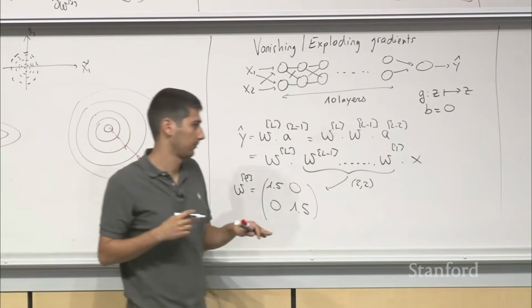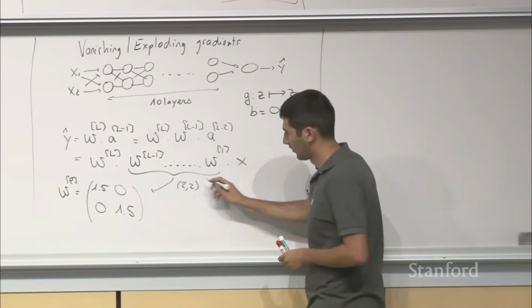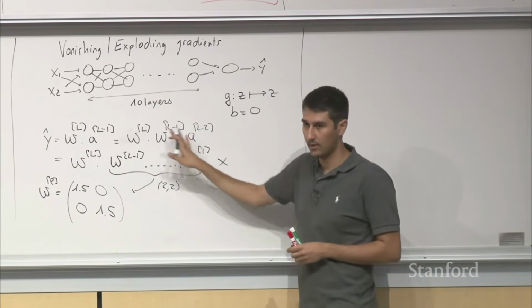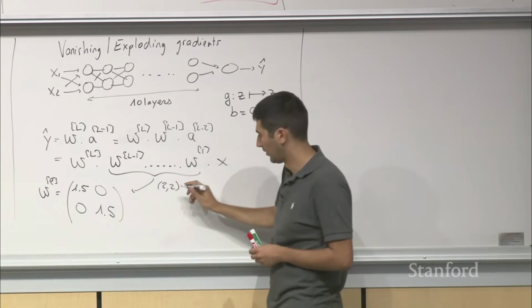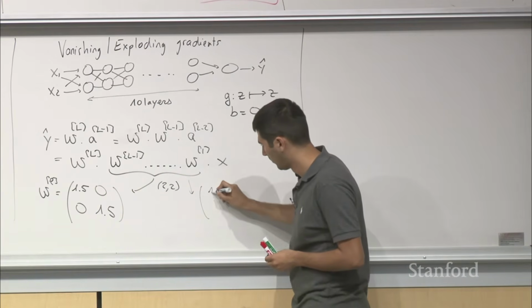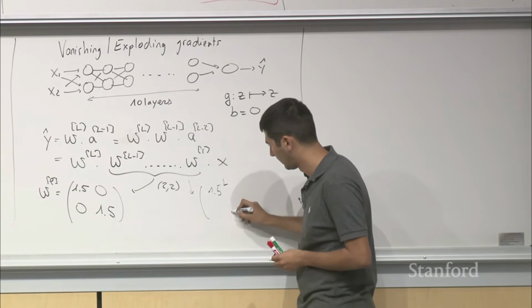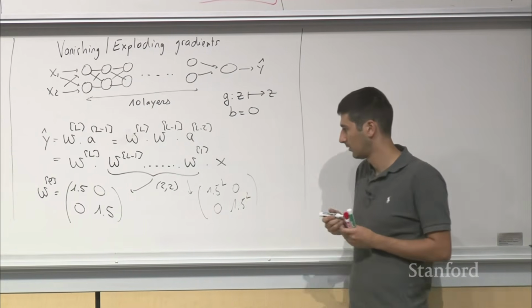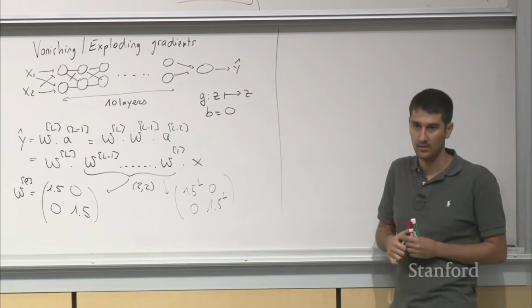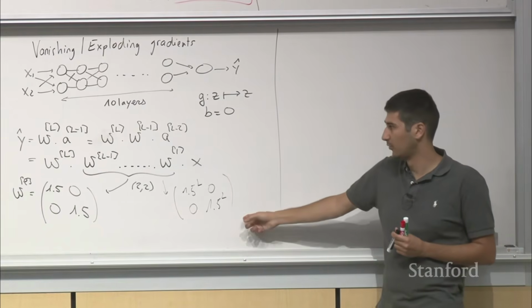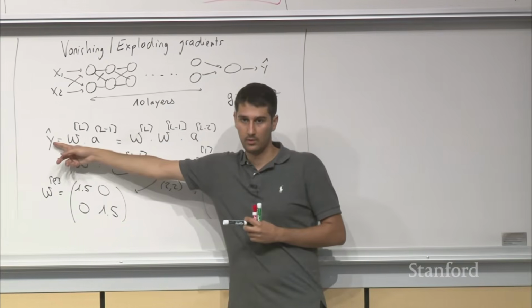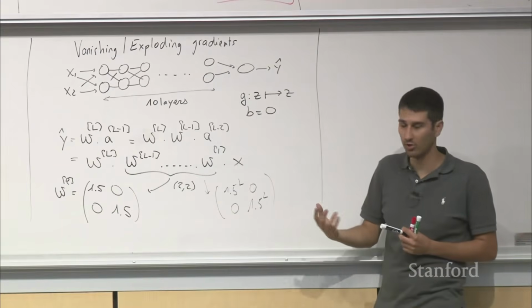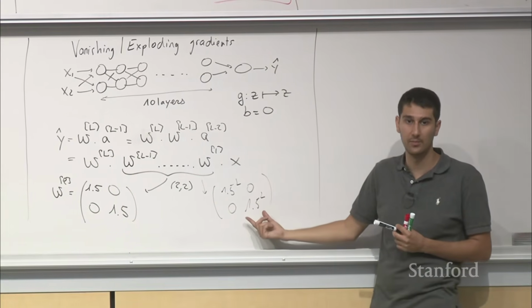What's the consequence? The consequence is that this whole thing here is going to be equal to 1.5 to the power L, 1.5 to the power L, 0, 0. It will make y hat explode. It will make the value of y hat explode just because this number is a tiny little bit more than 1.